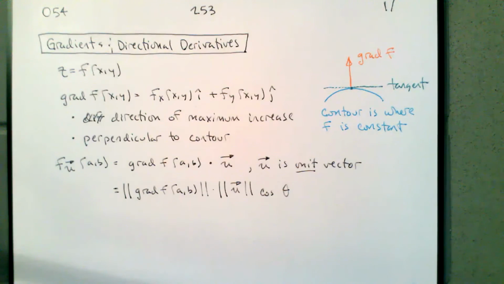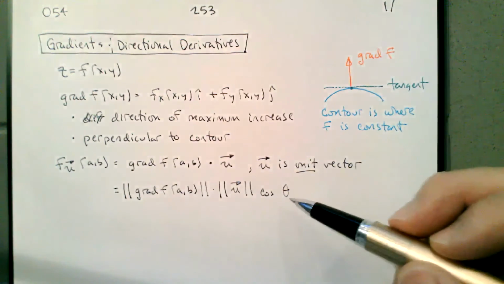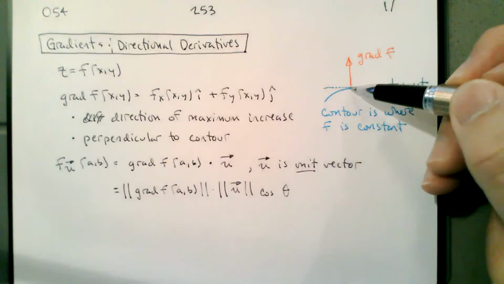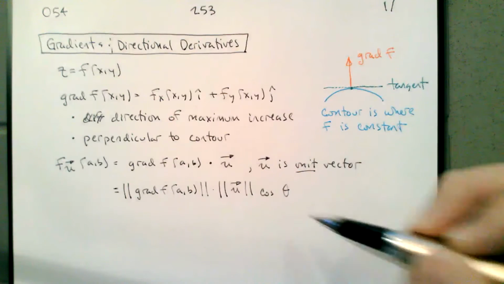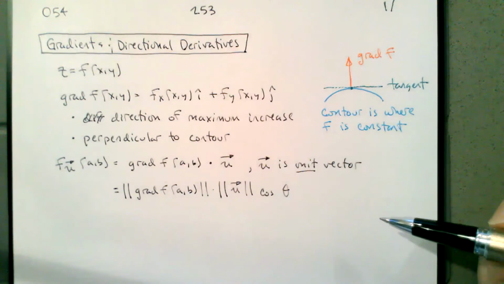So we know that the directional derivative tangent to the contour is going to be 0. So if the angle between the direction we're traveling and where we know the change to be 0 is 90 degrees, cosine of 90 degrees is equal to 1. Oh, sorry, I switched back over to trigonometry. Cosine of pi over 2 is equal to 1.